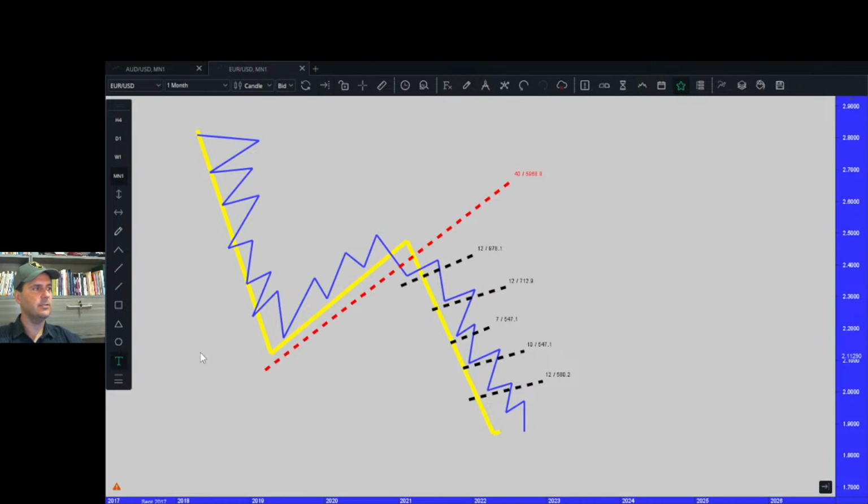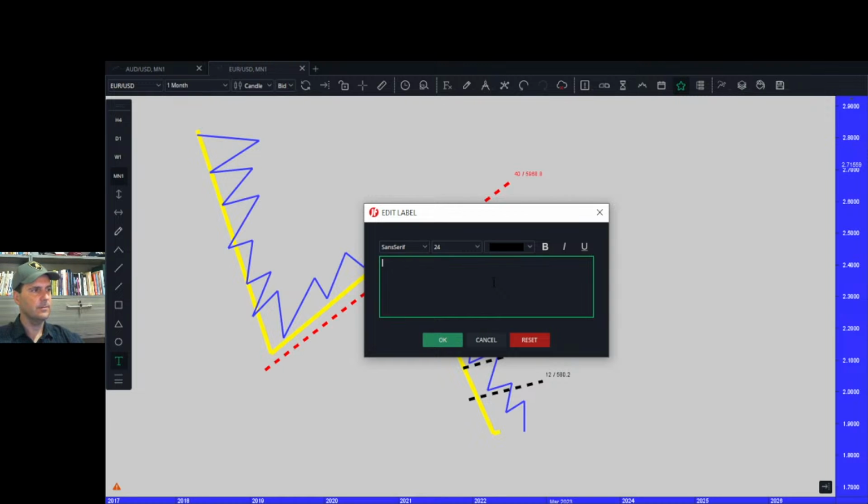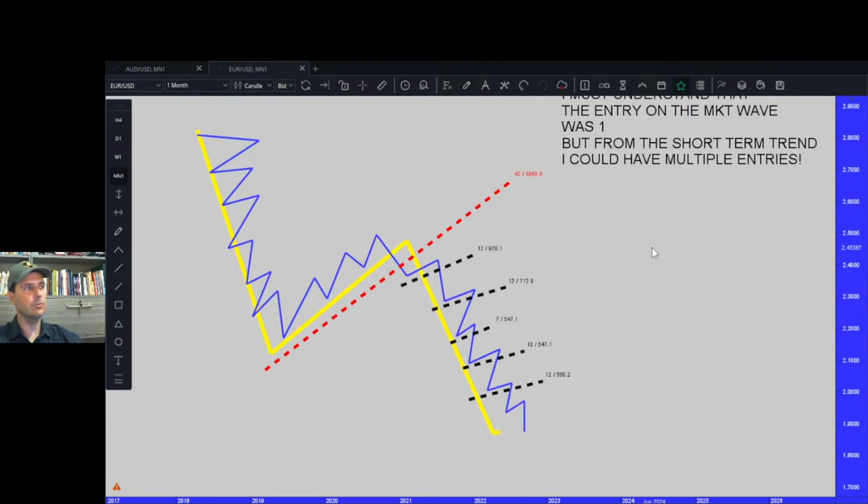As a beginner trader, not a trader yet, as a beginner analyst, I must understand that the entry on the market wave was 1, but from the short-term trend I could have multiple entries, and those are the rules.